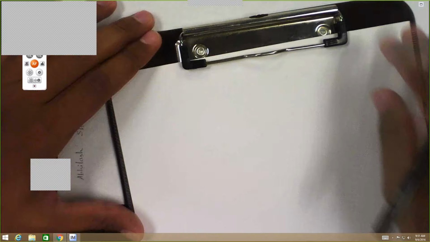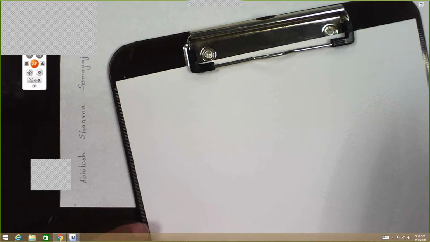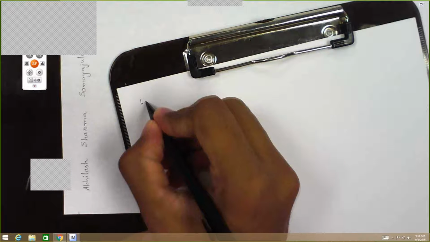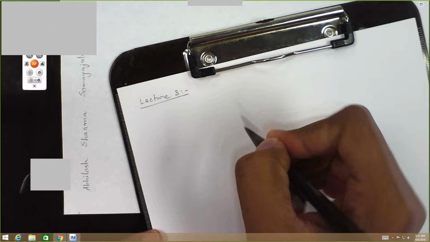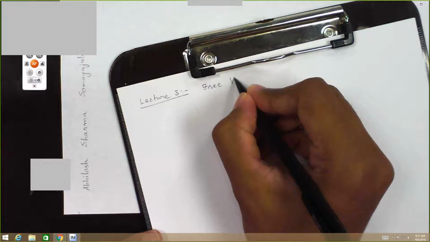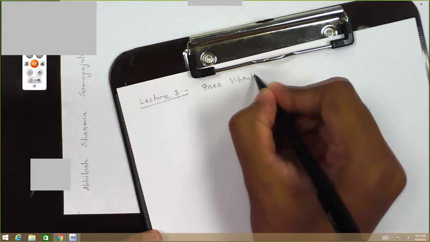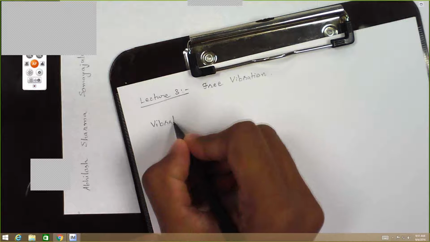So today we'll try to quickly wrap up chapter 1 and go into chapter 2 of the book. So it's lecture 3. So today we'll primarily be focusing on free vibrations. But before we go into that, I want to go over certain vibration terminologies.